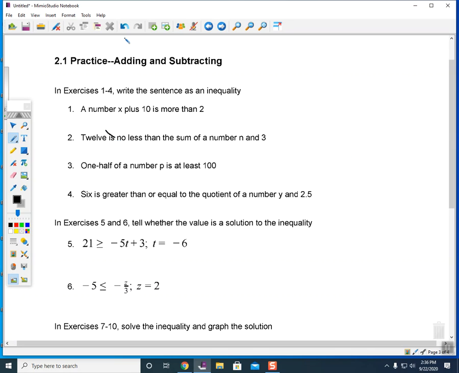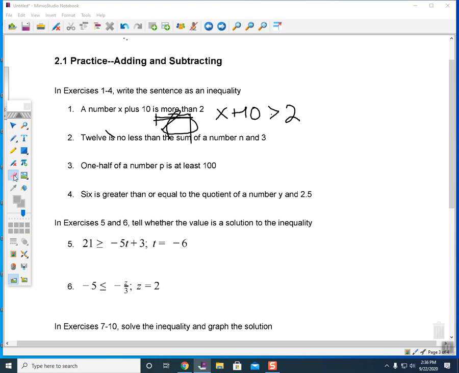X plus 10, right? I've got a number x plus 10 is more than, which means it's greater than, 2. X plus 10 is greater than 2.